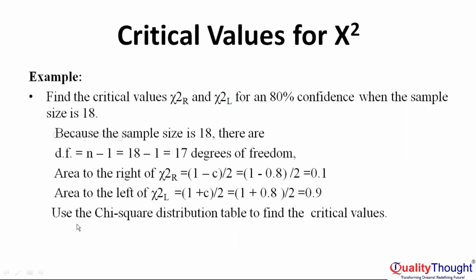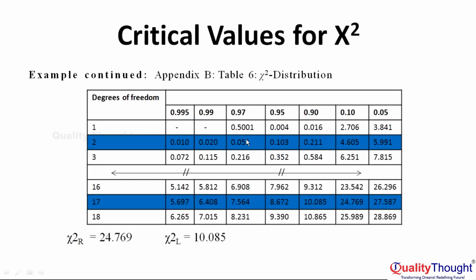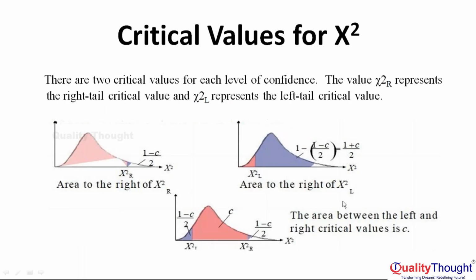Use the chi-square distribution table to find the critical values. Here, this is the chi-square distribution. Degrees of freedom we need to understand: 17 is the degrees of freedom. And what is the value that you need to identify? For the left, it is 1 plus c by 2. For the right, it is 1 minus c by 2. Right or wrong?